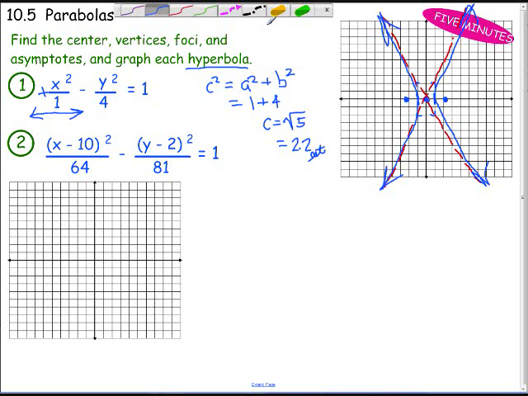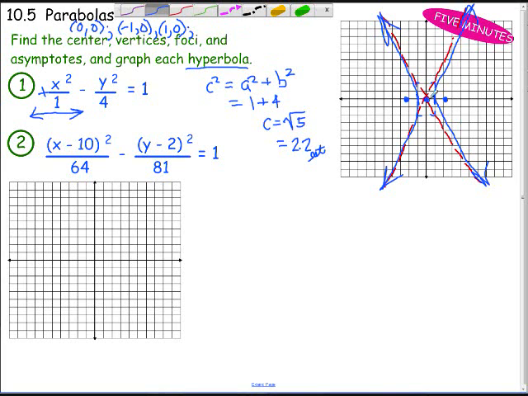The center was at 0, 0. My vertices were at -1, 0, and +1, 0.